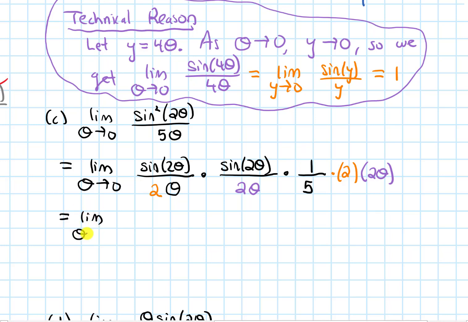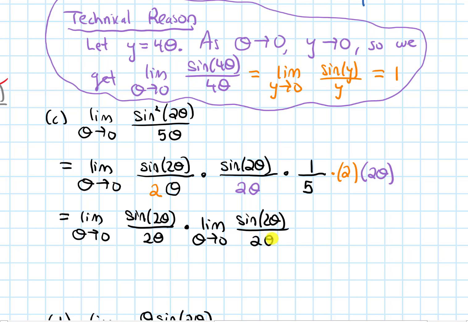We get the limit as theta goes to 0 of this first part, sine of 2 theta over 2 theta, times the limit as theta goes to 0 of the next fraction, which is sine of 2 theta over 2 theta. And then we'll get times the limit as theta goes to 0 of, let's see, this ends up being 4 theta over 5.